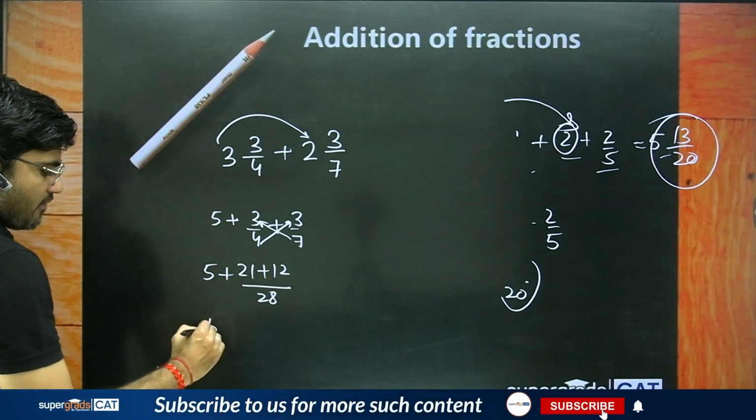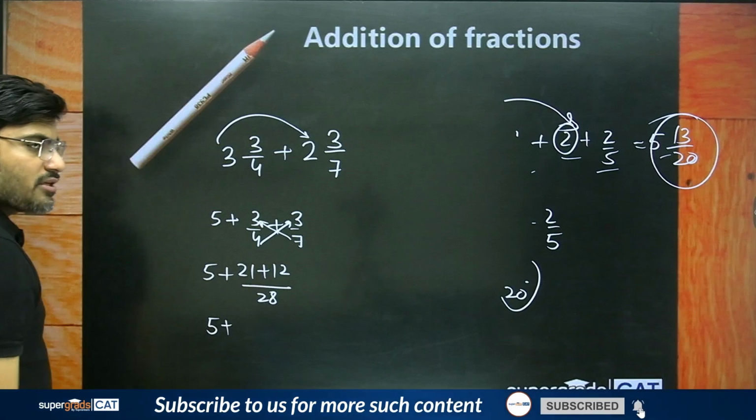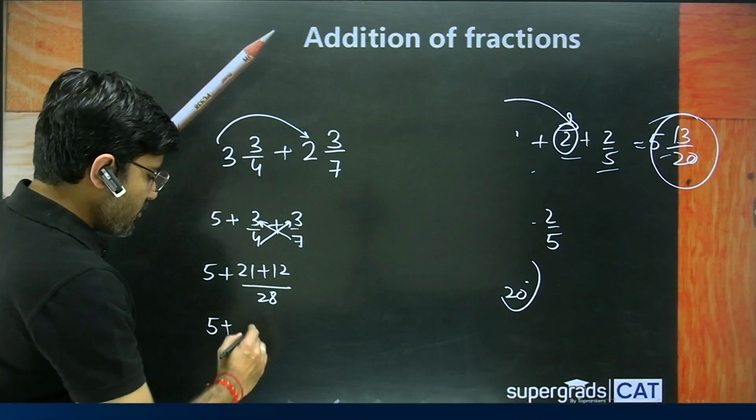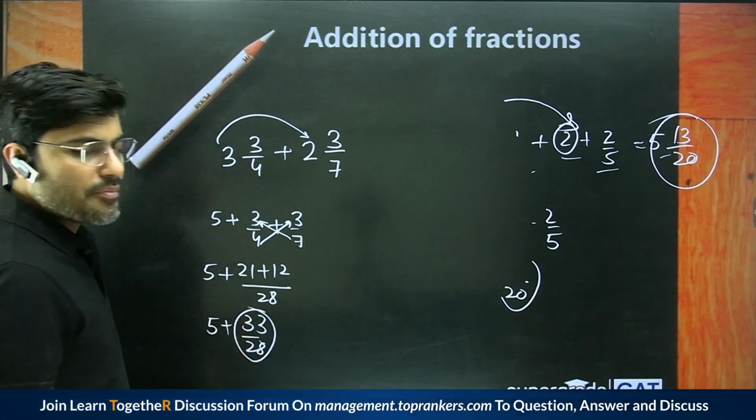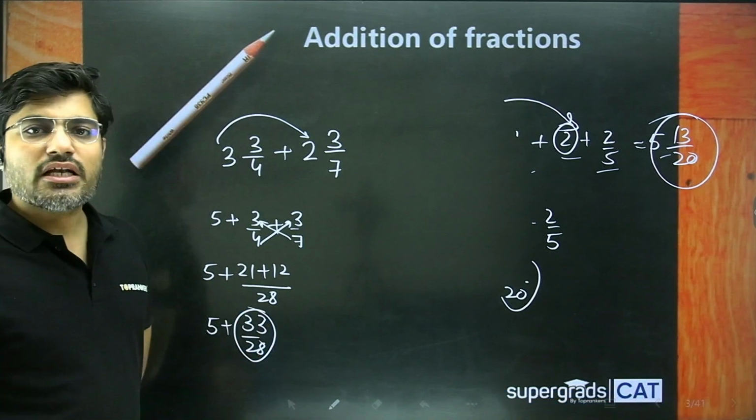So I will get 5 plus 21 plus 12 is nothing but 33 by 28. But this is again improper. It will be converted to mixed.